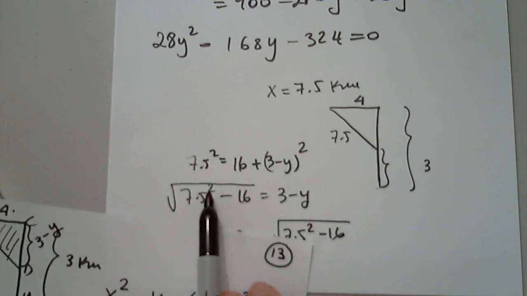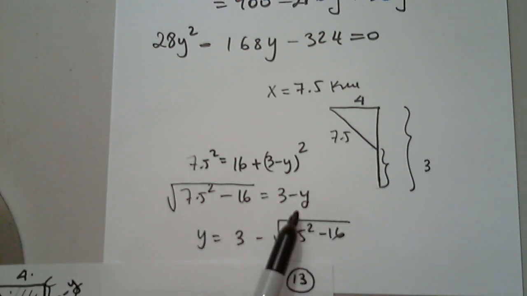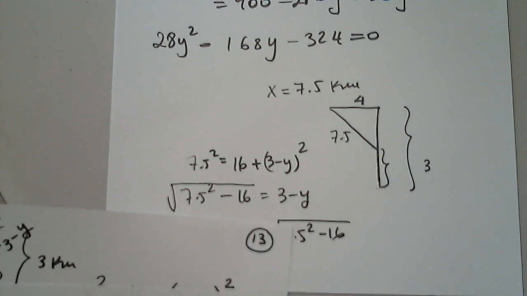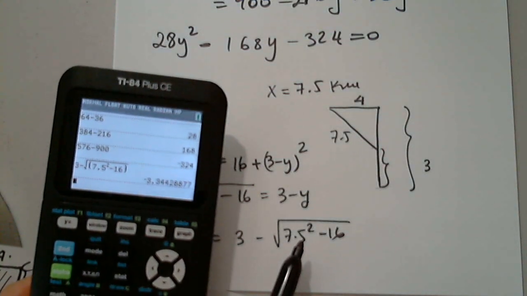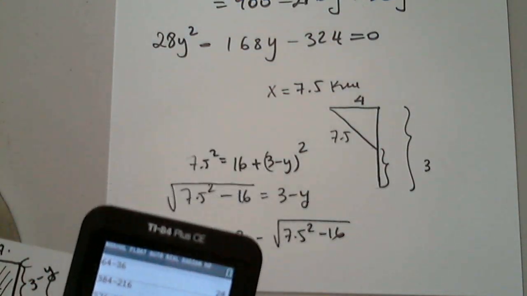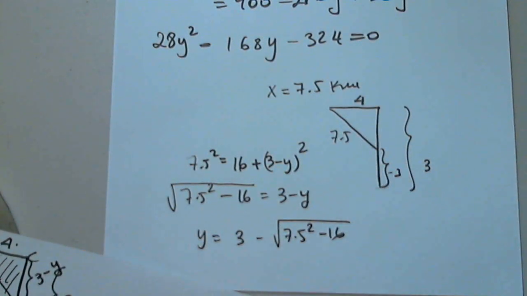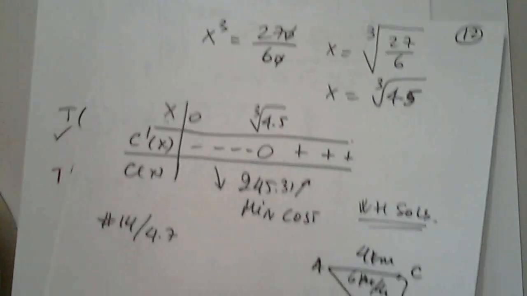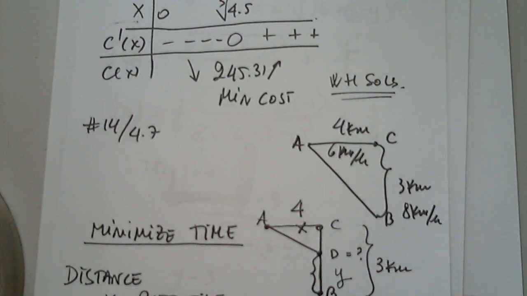So I take the square root, and y equals 3 minus that. Let me see how I entered it. I entered it correctly. So I can't have y be negative. So I do have an error. Let's just make sure the numbers are okay.